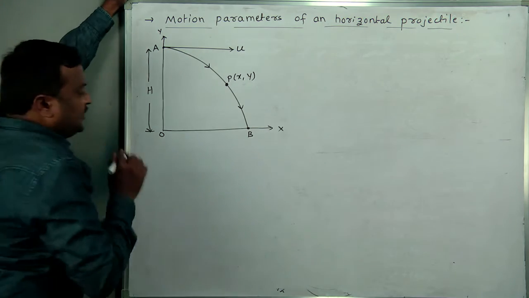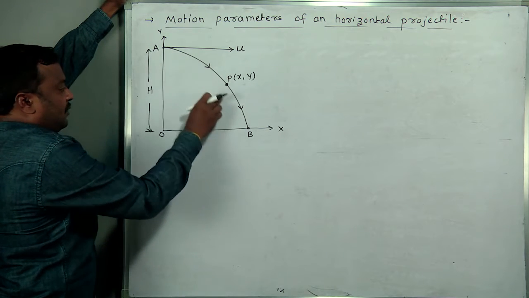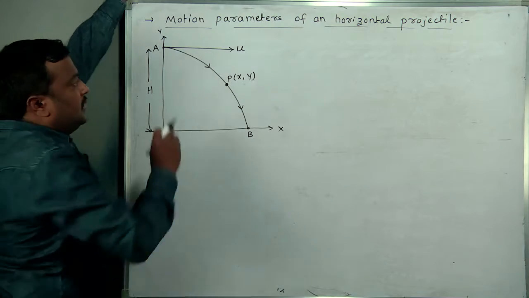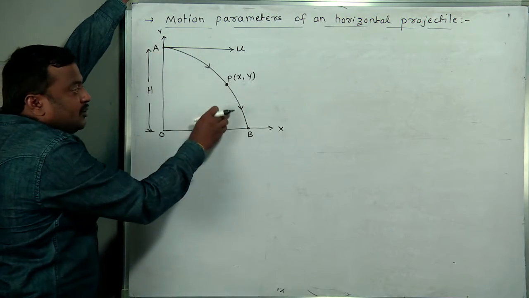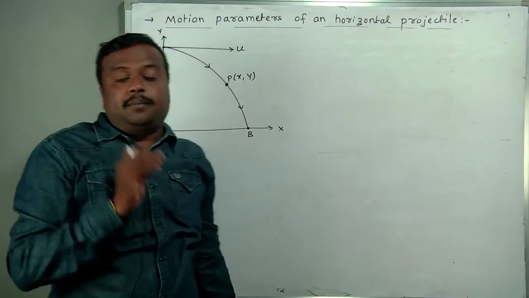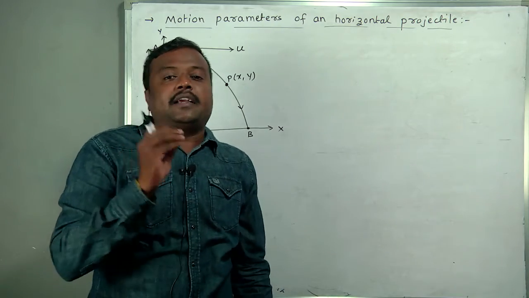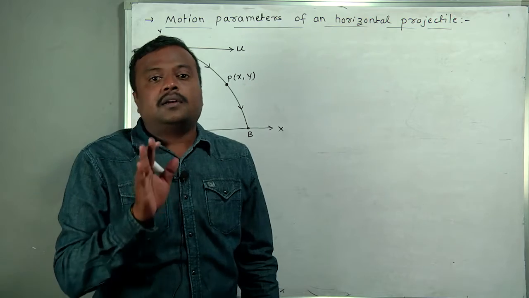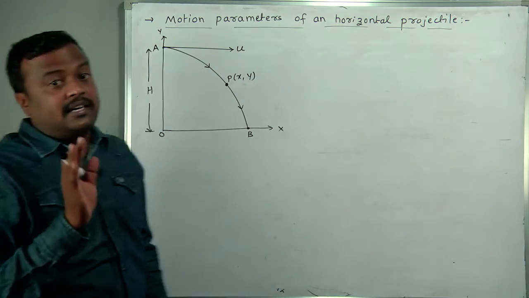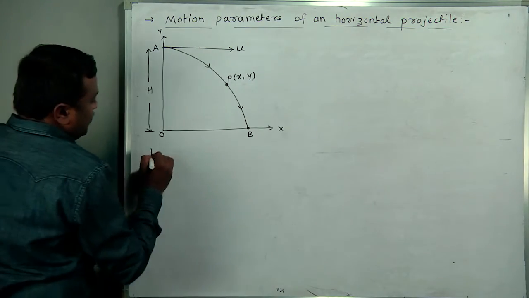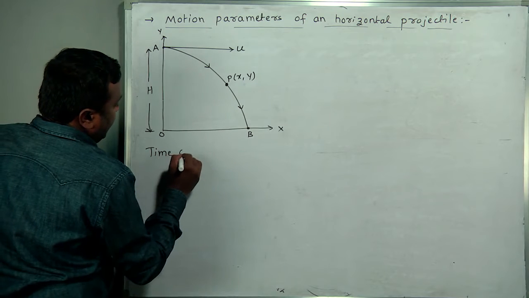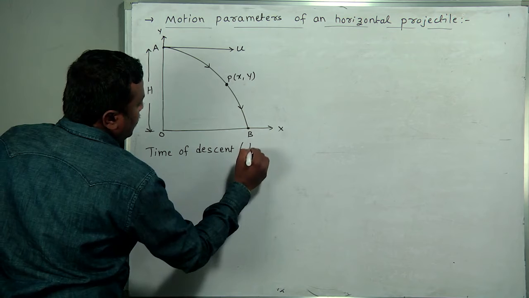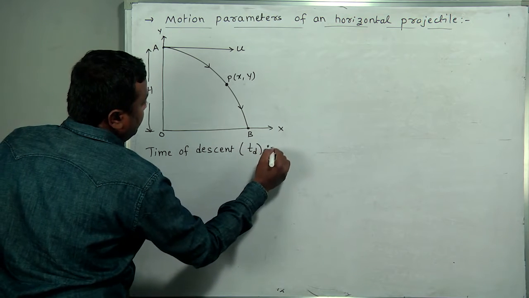First term, it is falling from certain height to the ground. Time taken by the body to reach the ground from certain height is called time of descent actually. So first parameter, time of descent. It can be T suffix D.